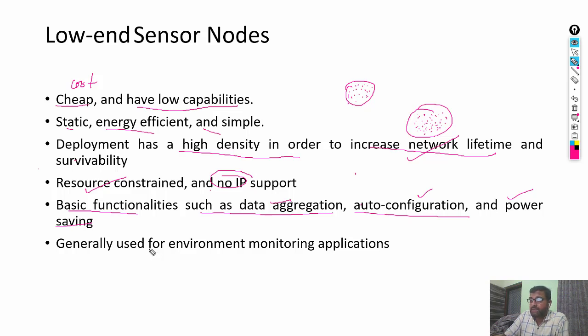A low end sensor node has no IP address. They are in the network without the IP. How is this going to happen? We have to use the TCP IP model for coordinating all the things, but all the computing nodes in this low end sensor machine have no IP. There is no IP support. IP means logical address and MAC means physical address. So here no IP support is required.